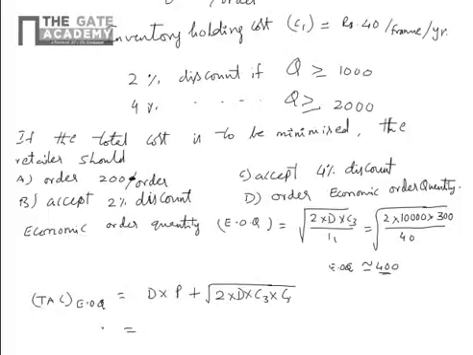So D is 10 power 4, into P, the price of the item, 200, plus square root of 2 into 10 power 4 into C3, which is 300, into 4. This is 1.